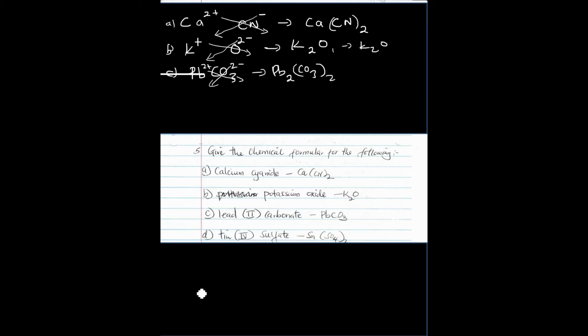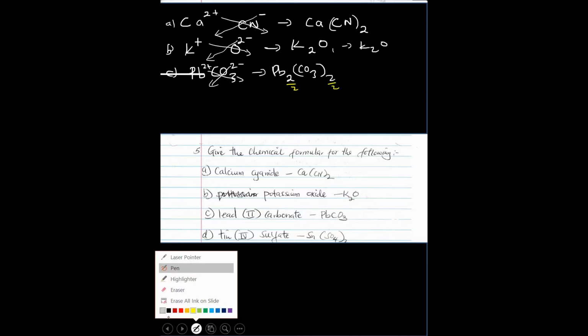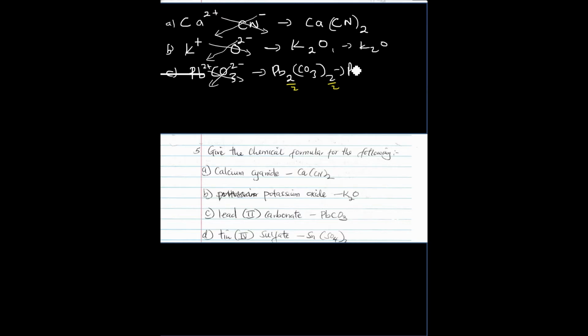But these 2 are the same. Those 2's are the same. So we don't need to write them down there because they will cancel out. So the formula will be PbCO3. We don't need to put brackets and put 1 because it's just a ratio of 1 to 1.